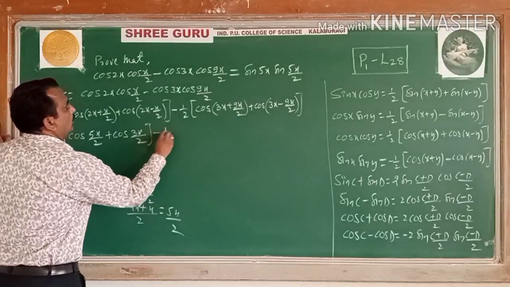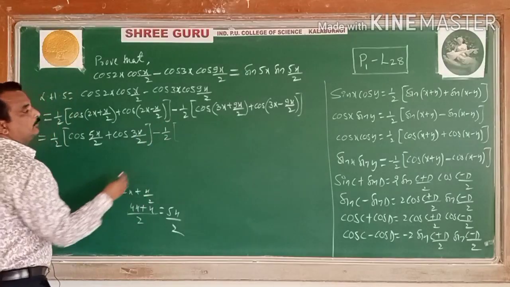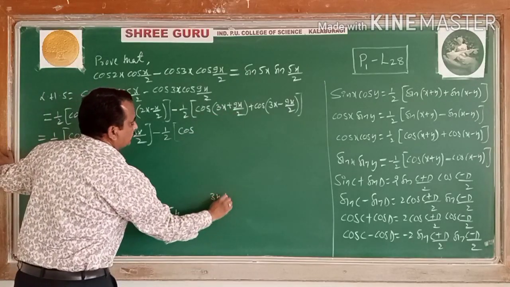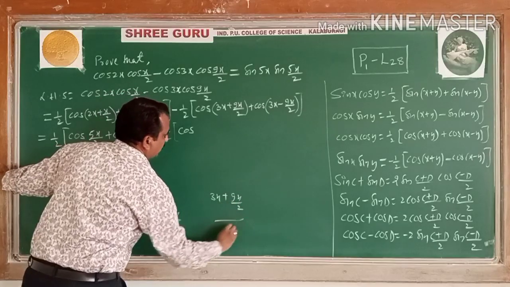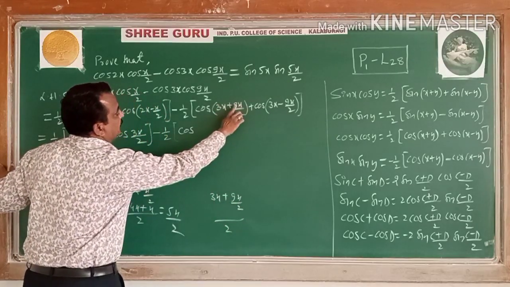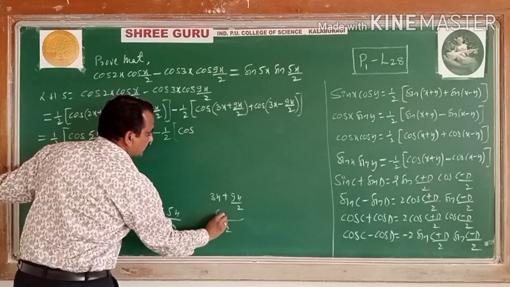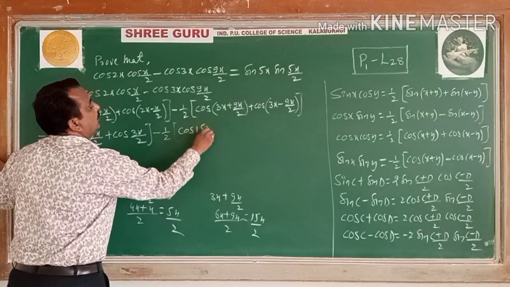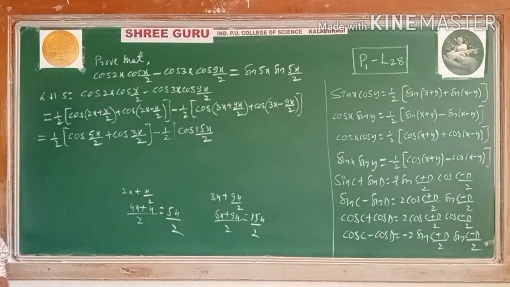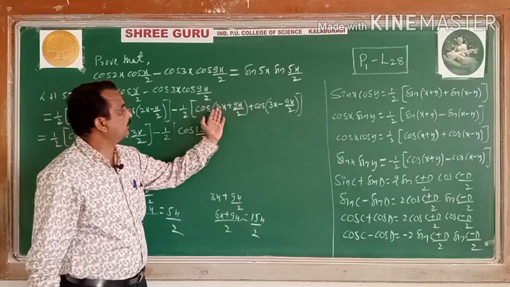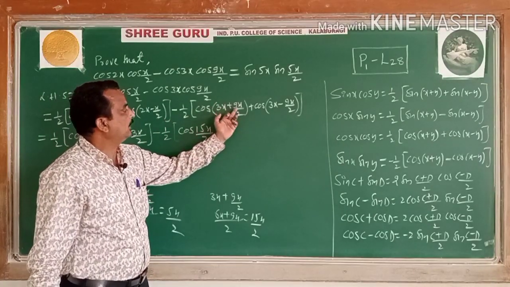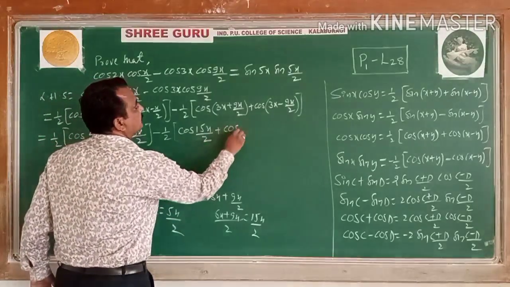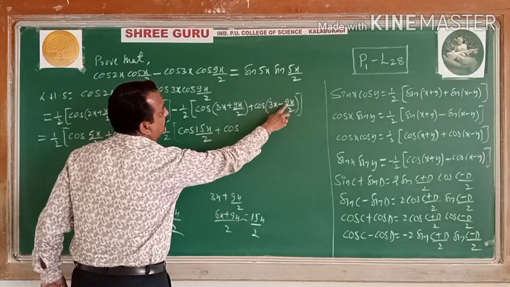Minus 1 by 2 into cos of, LCM 2: 3x plus 9x by 2, 6x plus 9x, 15x by 2. You may calculate separately and then substitute it, or write it directly. Similarly, plus cos of (3x minus 9x by 2), 6x minus 9x, 3x.